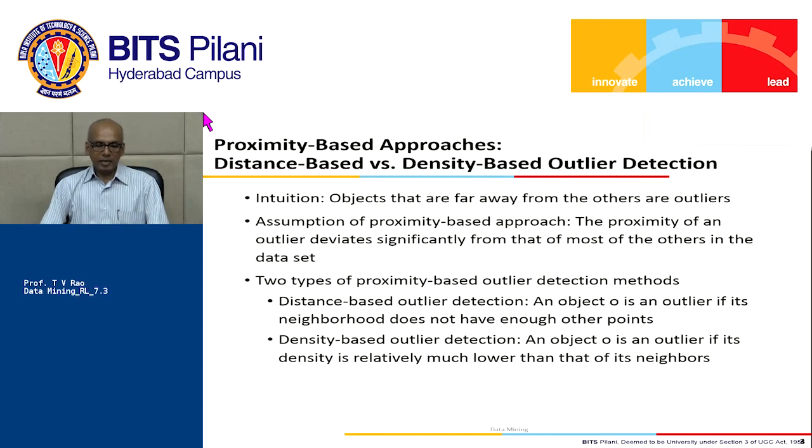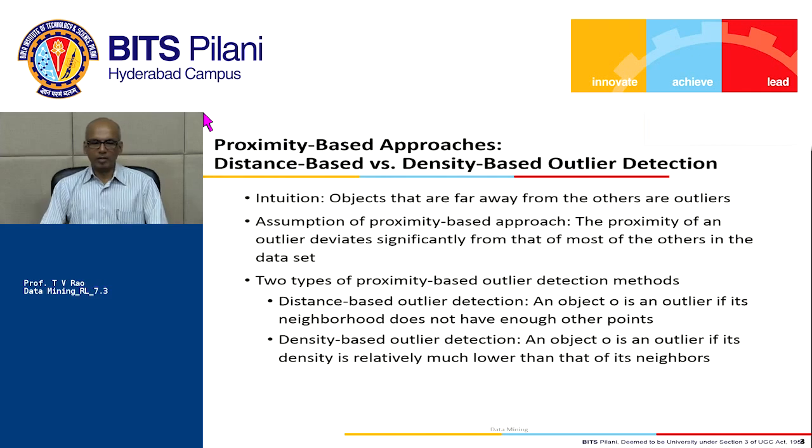And the other technique that is used is density-based outlier detection. So if within a range around this object the density of other objects is low, then it is considered as an outlier.